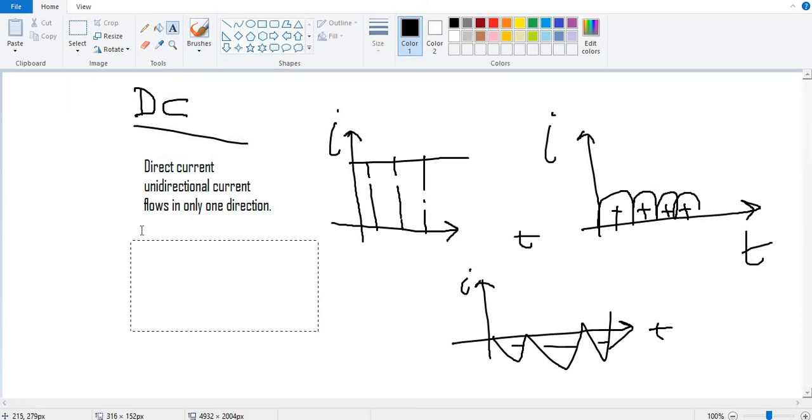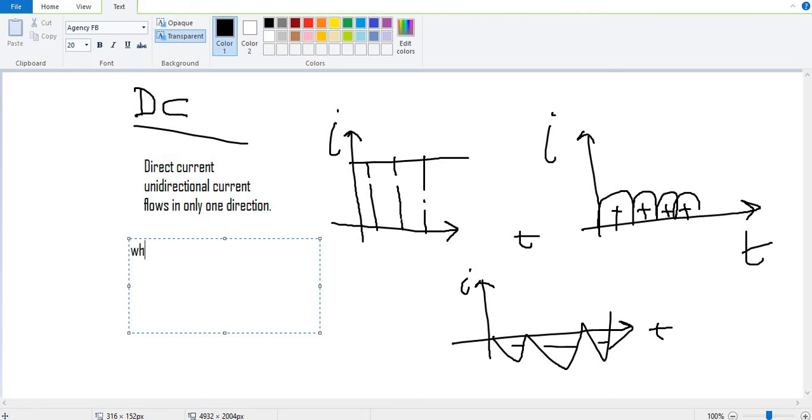So what is direct current? We also remember that which does not change the sign is nothing but called DC current. What do you mean by this? As you are able to see, here there is only positive charge.